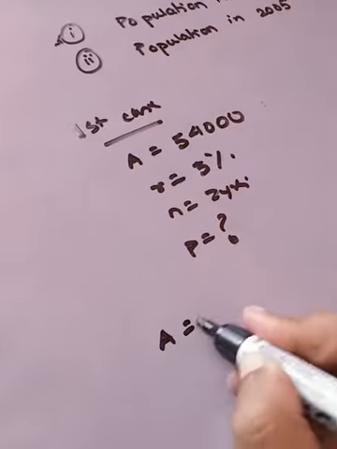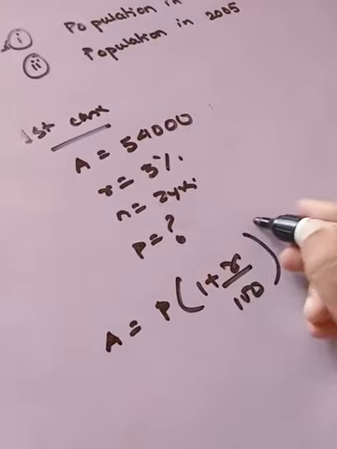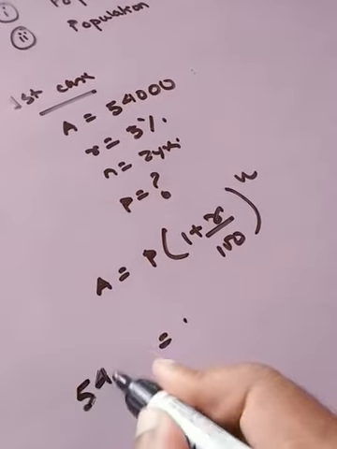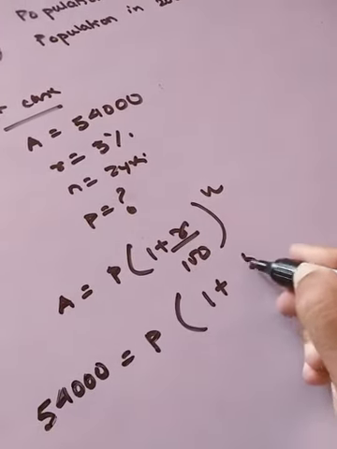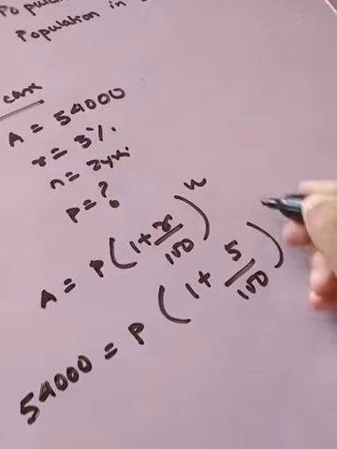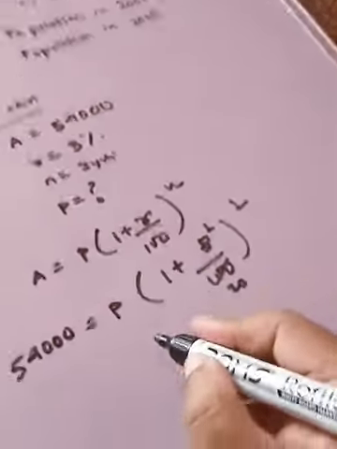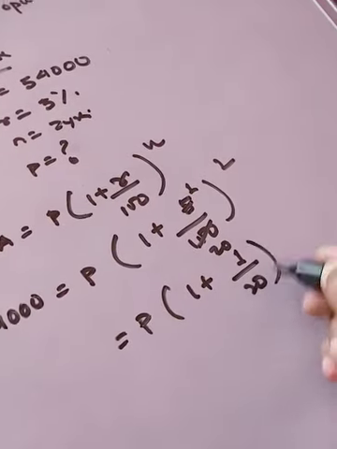Let's write the formula: A = P(1 + r/100)^n. In place of amount we write 54,000, we have to find P, and it is 5 upon 100 to the power 2. So 5 ones are 5, 5 twenties are 100. Let's write it properly: (1 + 1/20)^2.